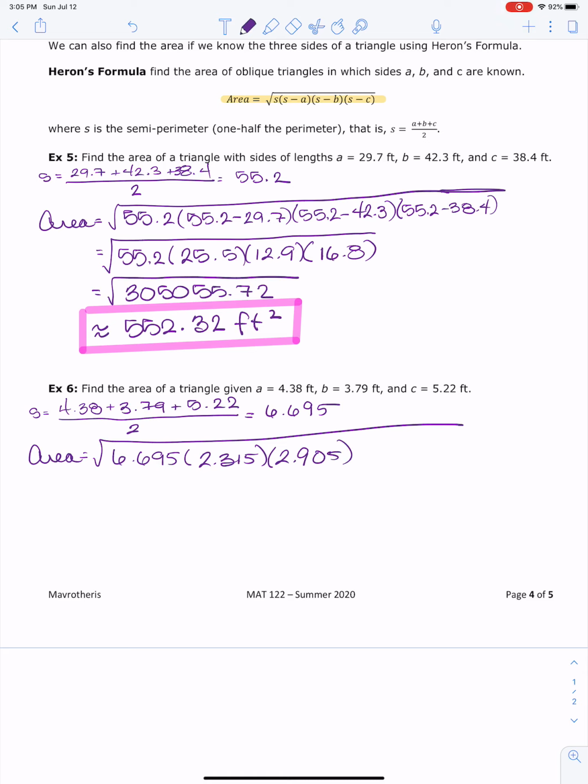There's my 6.695 minus the 3.79, times 1.475. And that's my 6.695 minus the 5.22. Gives me the square root of 66.41, 8.15 square feet. And that's it.